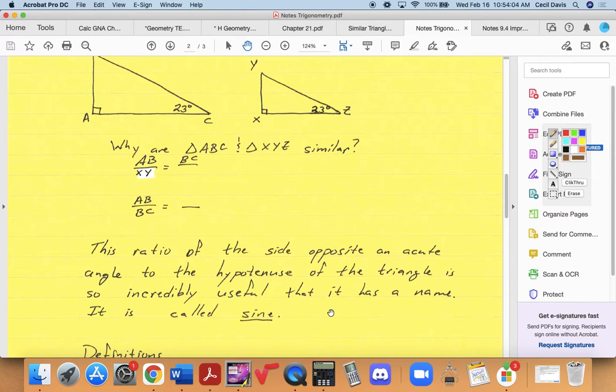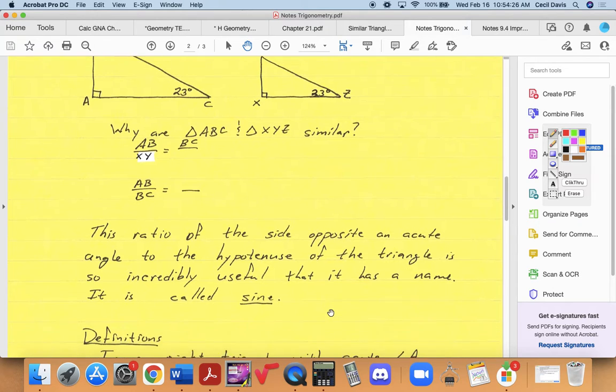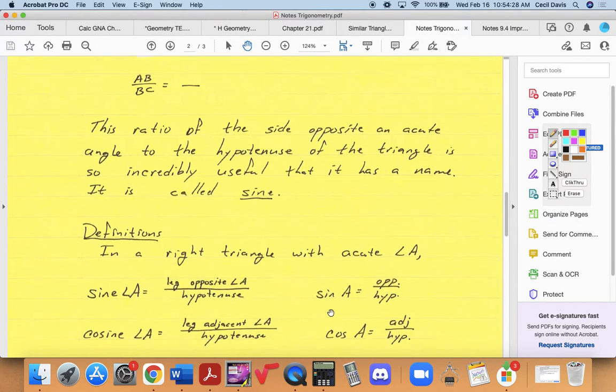It got screwed up when it got translated from Arabic to Latin, and then when it got changed to English, they kept it. They didn't realize it had been messed up, and by the time someone realized that they had messed up the translation, it was about 200 years later, and people were like, yeah, we're not fixing that. So it really shouldn't be sine, but that's another very long story that I won't tell you.